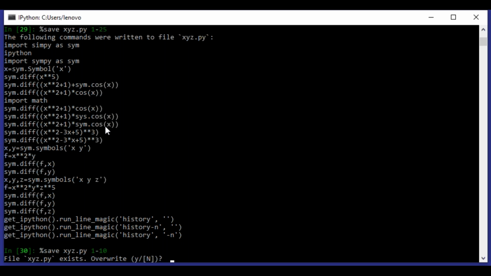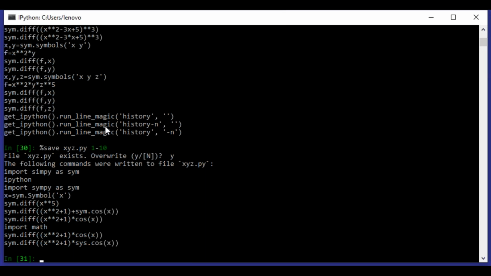It is showing that the file name already exists. Override, yes. I have saved those lines from 1 to 10 as a file xyz.py. You can save files like this, as a complete file of the commands typed in this command line.